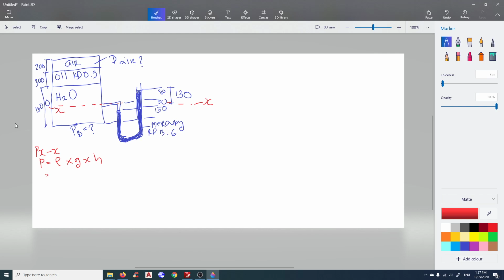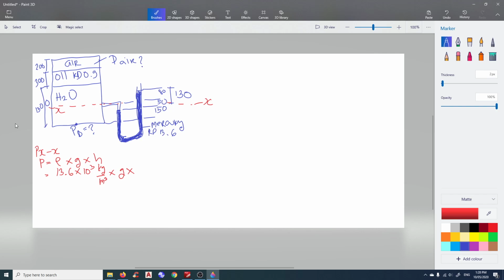So the density now, we're going to calculate the density of mercury, which is 13.6 multiplied by 1000. Remember, this is relative density. You just multiply by 1000 to get the density of mercury, multiply by gravity, multiply by h.